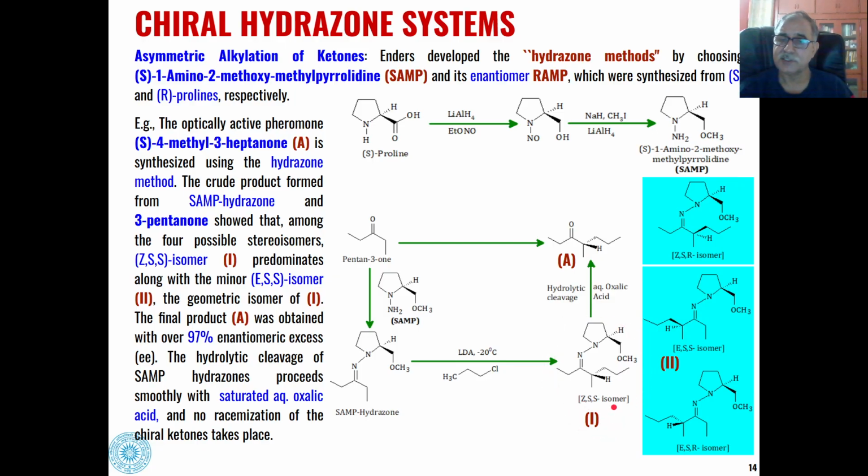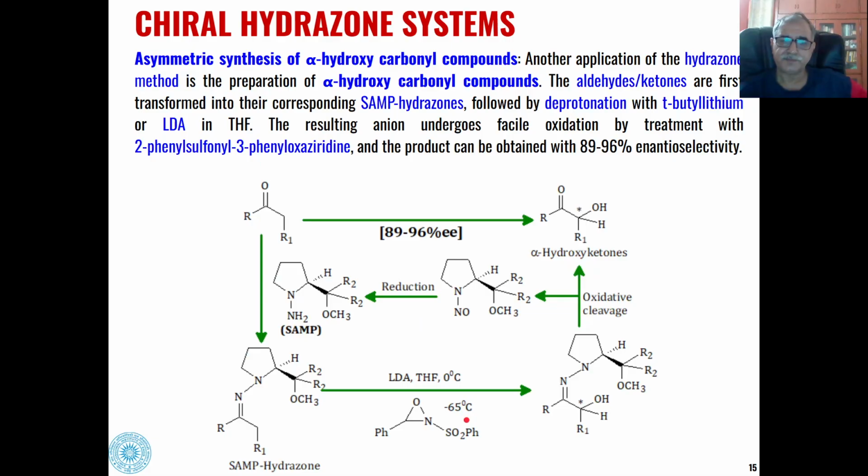So the ZSS isomer is formed as the major product which will lead to the formation of the S product. Similarly, if we use RAMP, then this R isomer will be the major product, and this will lead to the formation of the R product.